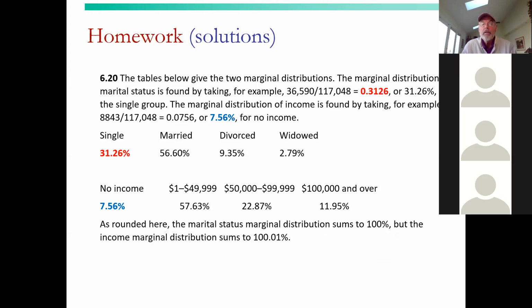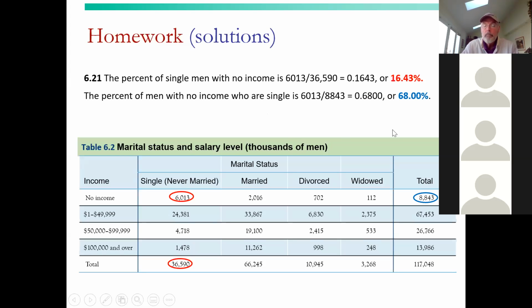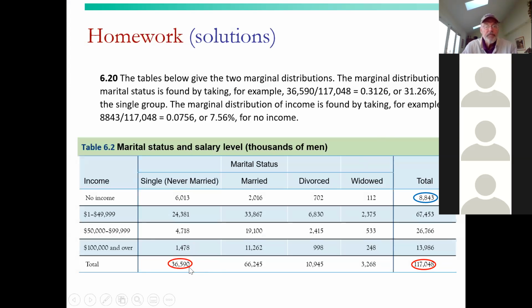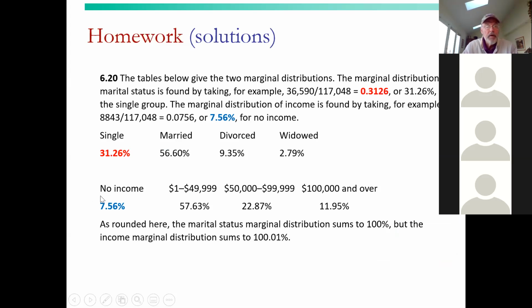So here would be sort of the idea. We're thinking about back and forth. This value right here, 31.26, is this value here divided by this value, and this value here in the blue is going to be this value right here.